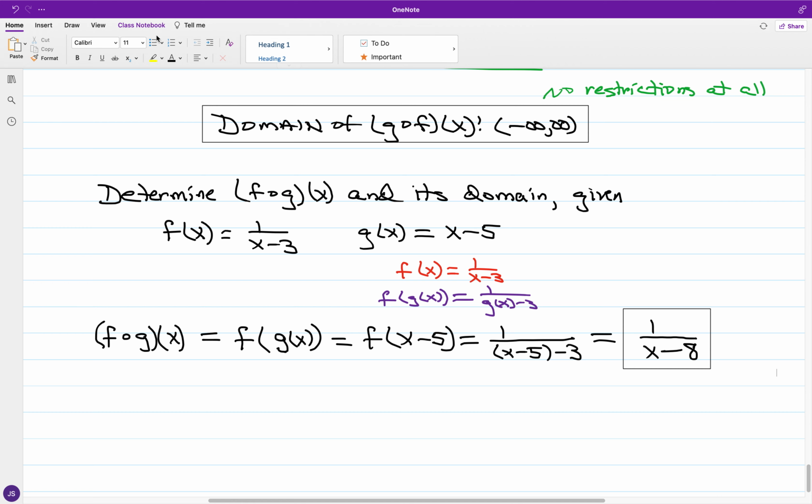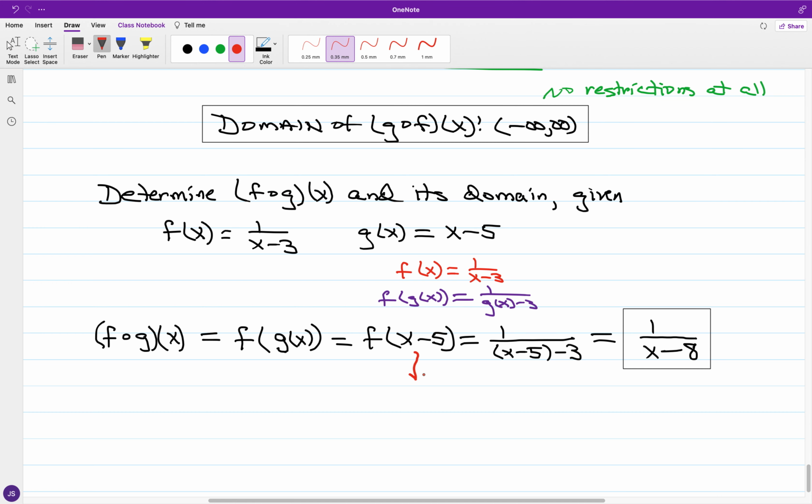Now with the input, you just have a linear expression, so the input has no restrictions. This one is NR, no restriction.